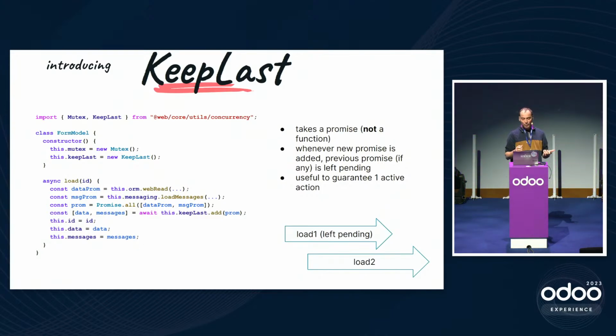What the keepLast abstraction does is ignore or leave pending all operations that are currently being done whenever you add a new operation to it. It takes a promise and not a function, but it's similar to the mutex, except that it will be faster because it will not wait for the first operation to complete. You would do this in the context of reading data, not in the context of updating data.